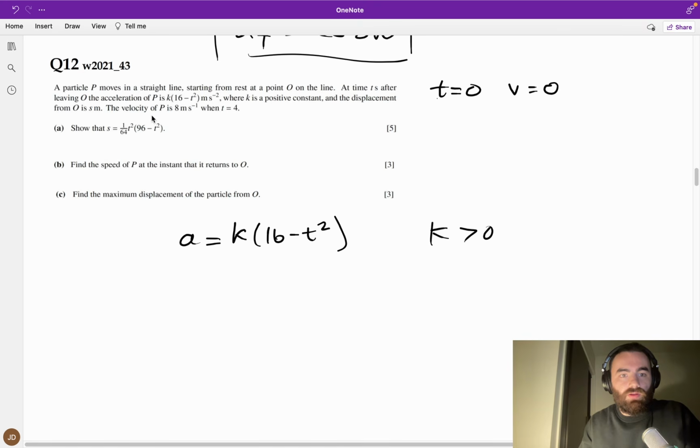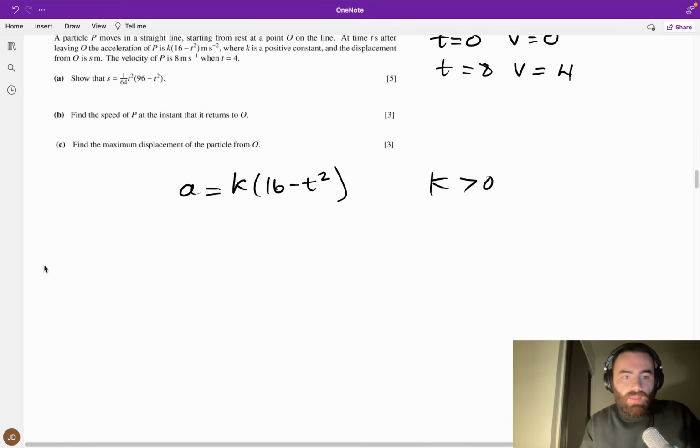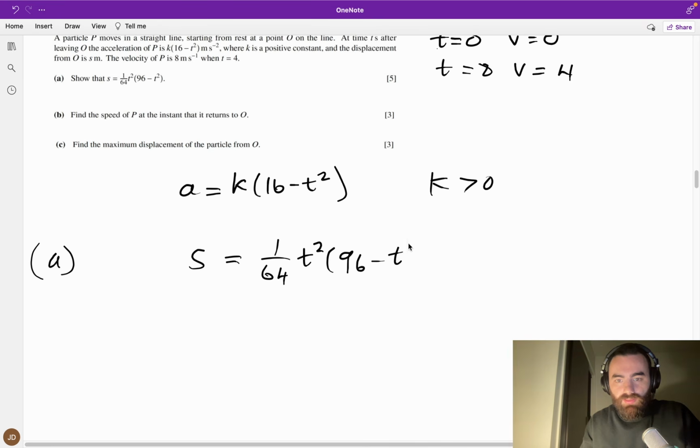The velocity of P is 8 when t equals 4. Show that s, the displacement, is 1 over 64 t squared times 96 minus t squared.